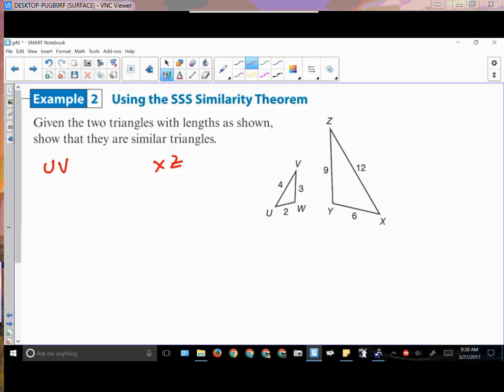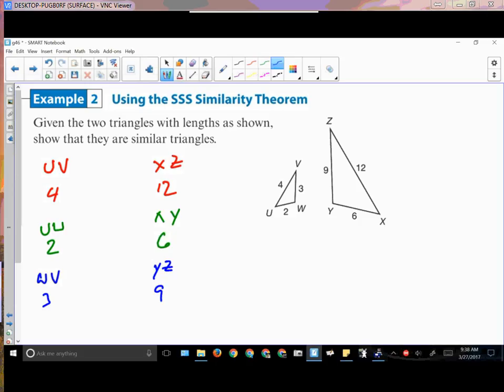U to V, X to Z. So if this is 4, that would be 12, right? If I take UW, which is 2, that should go to XY, which is 6, right? And then I should have WV, which is 3, should correspond to YZ, which is 9.